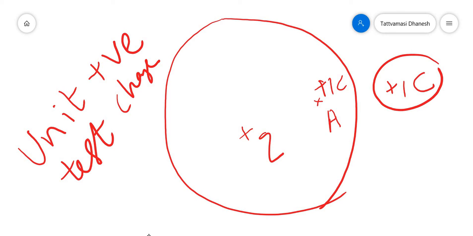Intensity of electric field at a point is defined as the force experienced by a unit positive test charge placed at that point. Because intensity of electric field, as I told, varies from point to point. So it will be less far away from this charge. When it moves towards the charge, it will be very high.